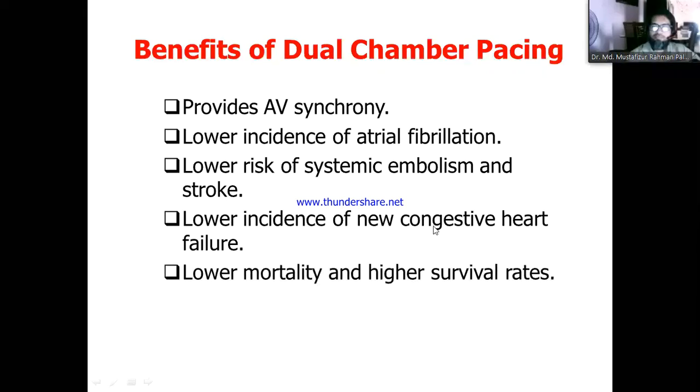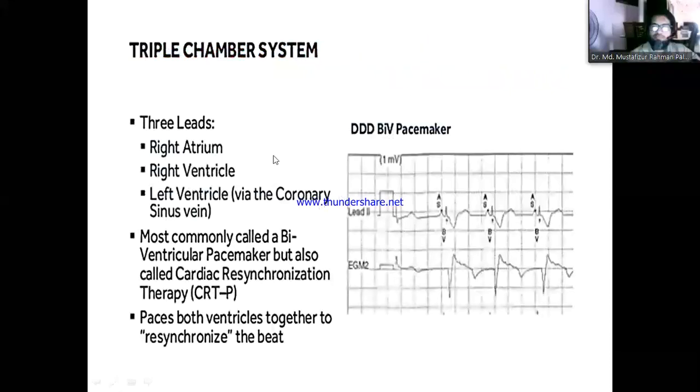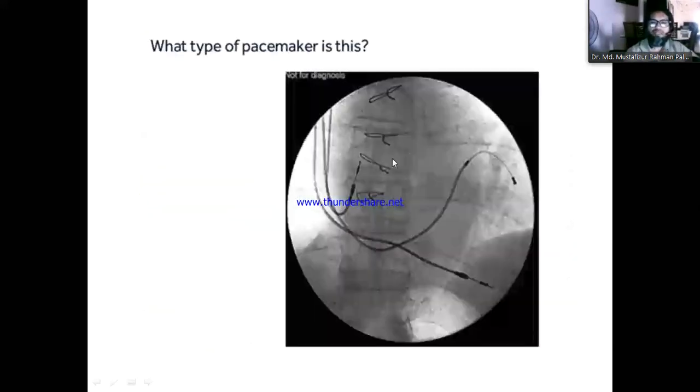And the more advanced pacemaker is the CRT: one lead in the right atrium, one in the right ventricle, and another one in the left ventricle through the coronary sinus, and biventricularly, so that synchronization of both the right and left ventricle occurs and propels the blood properly and effectively.